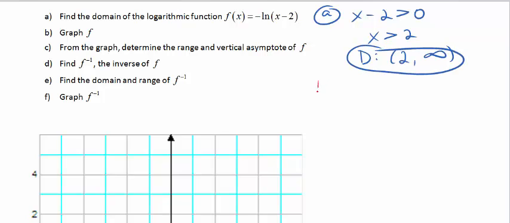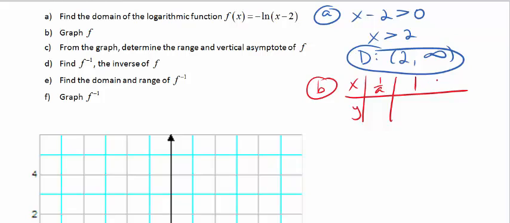Part B. Graph. Okay, so we need to start with our parent function. To start with our parent function, we know from the other page that it's going to be 1 over a, -1, a, 1, and 0, because our x and y values are switched from last class.